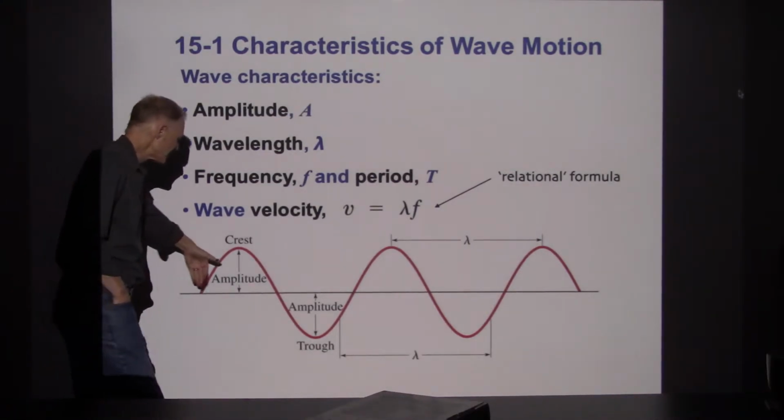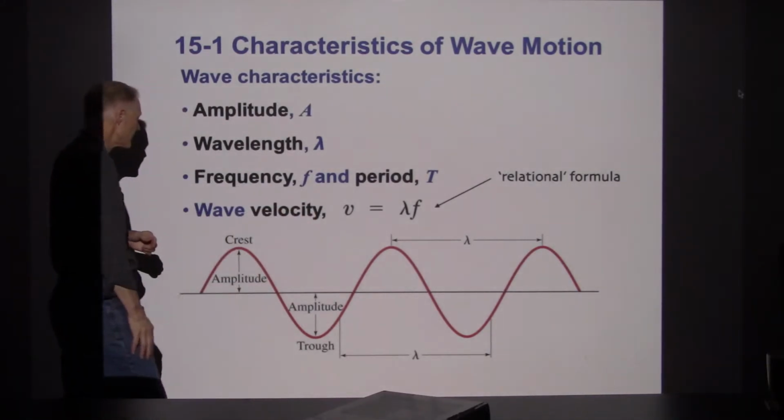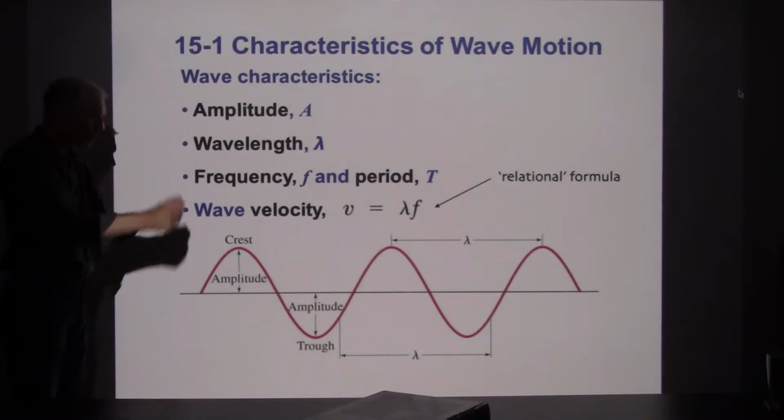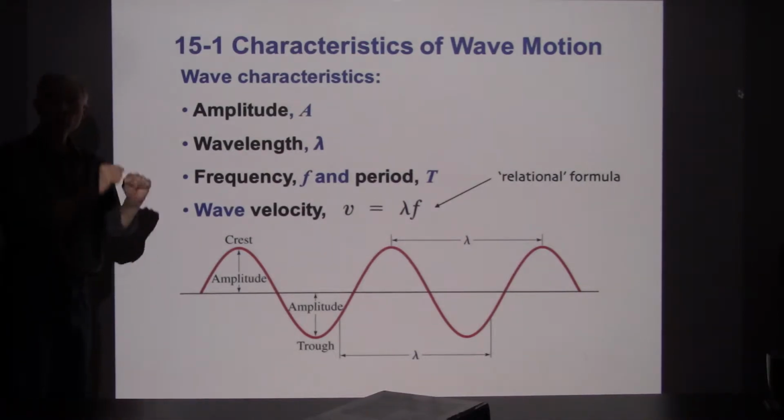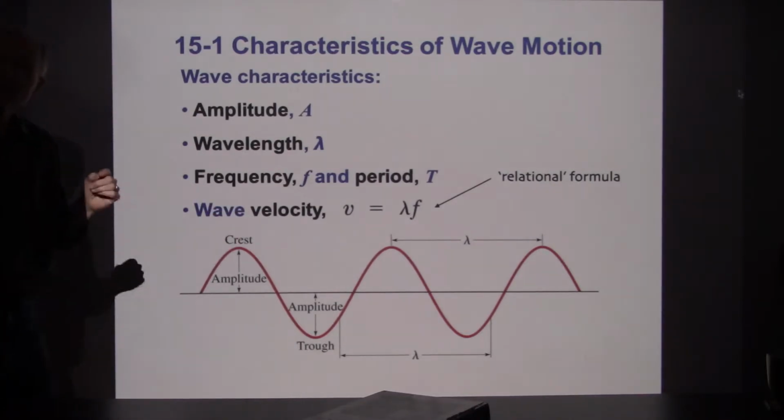Now, this would be a series of pulses that are propagating through this medium. So this would be something where we've got something set up to create a series of pulses. And in this case, the shape of the pulse looks kind of like a sine or a cosine function.